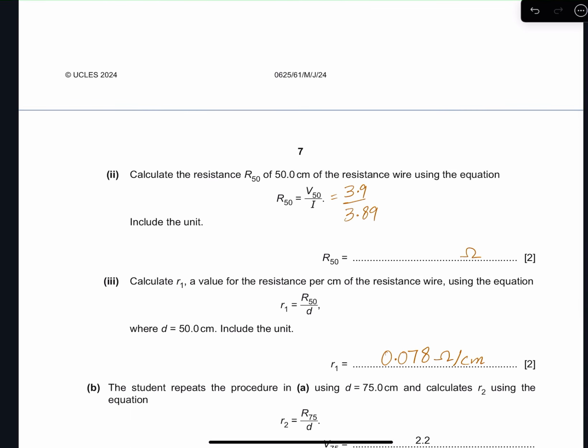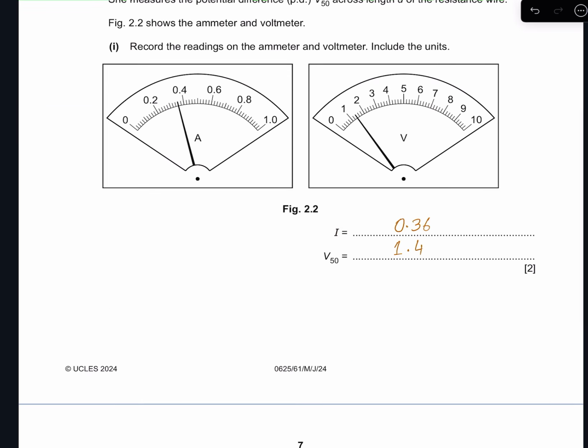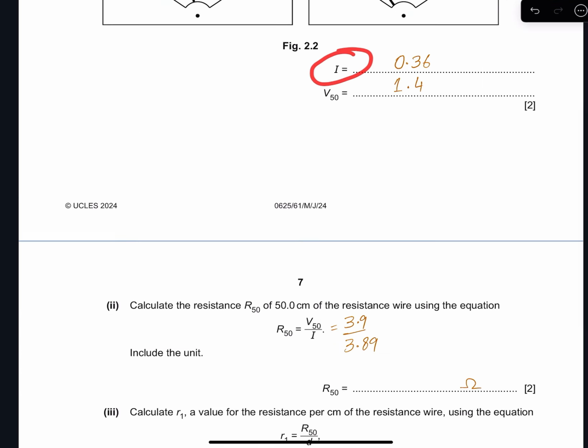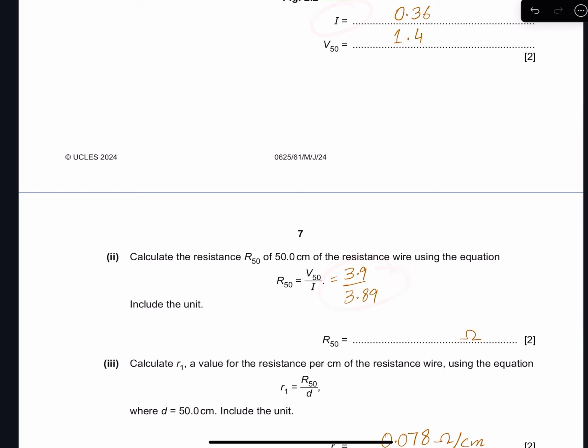Okay. So in the second part, you have to find R50. R50 is equal to V50 divided by I. So what was V50? We have to look at, yes, this is the V50. That is 1.4. And what is I? I is also given, 0.36. So you have to divide them. Let me do it. 3.9 divided by 3.89.